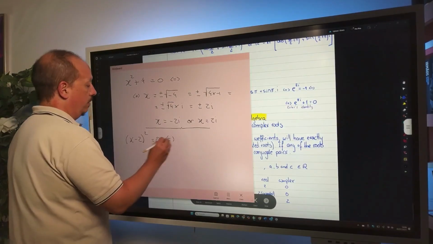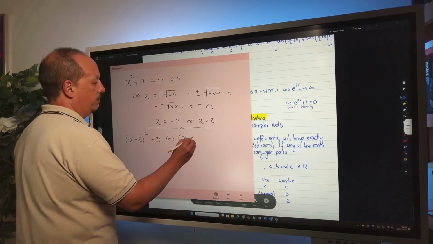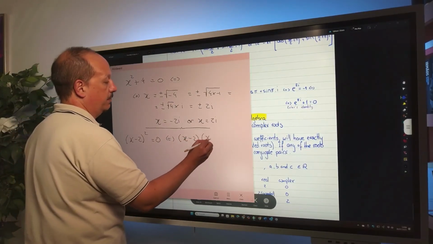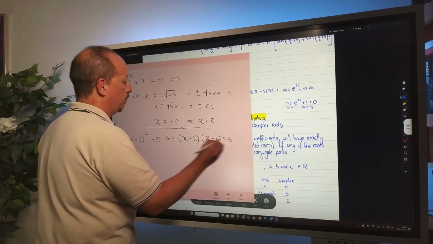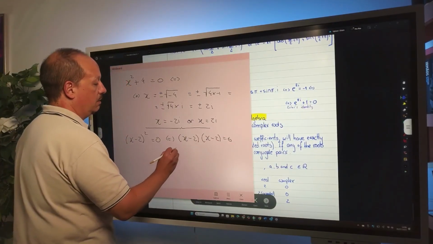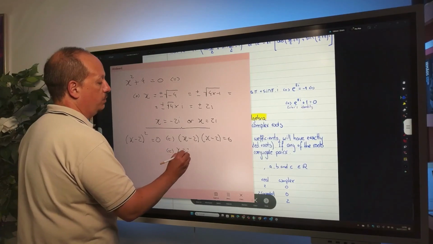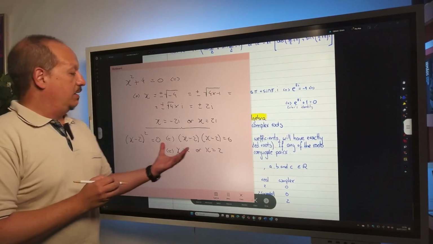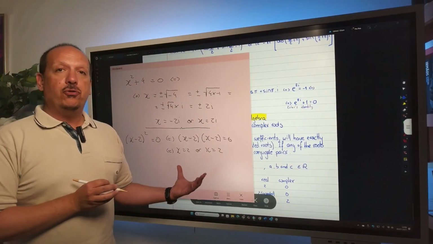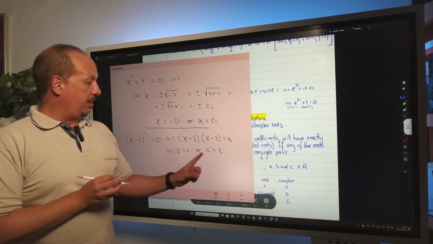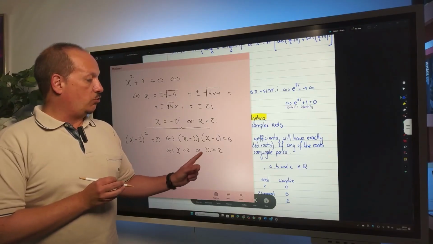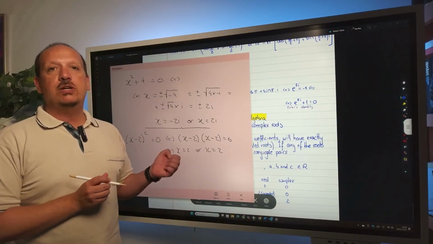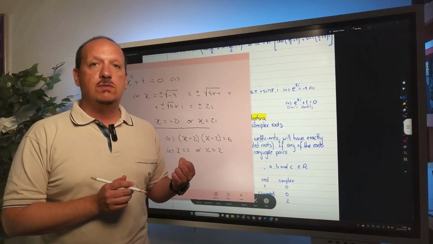This is the same as, by the way, (x minus 2) times (x minus 2) equals 0. And you have x equals 2 or x equals 2. You have 2 solutions. They are both real, but the solution to each one is the same. So that's the reason why you say repeated roots, okay?